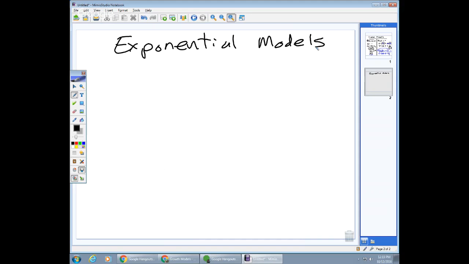So example of an exponential pattern could be, let's suppose I had 3, and then 6, and then 12. Can somebody predict what the 4th number is going to be? 24. So we're doubling to get the next one, and then 48, and so on.